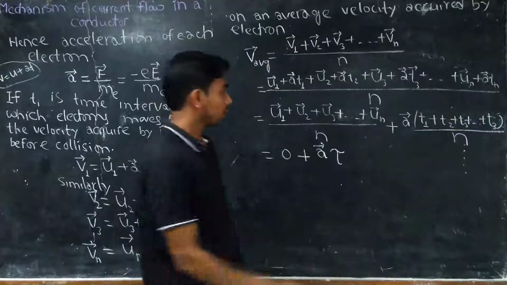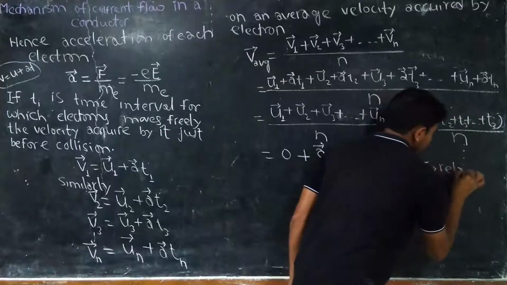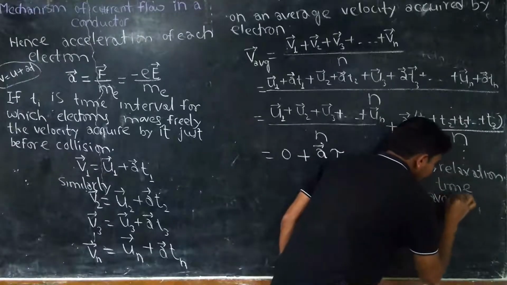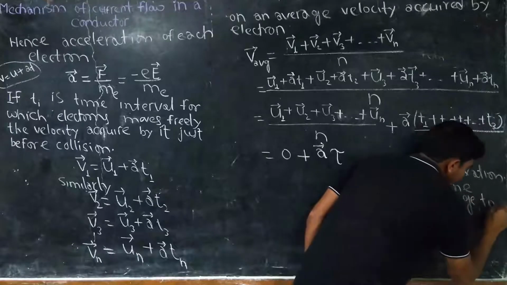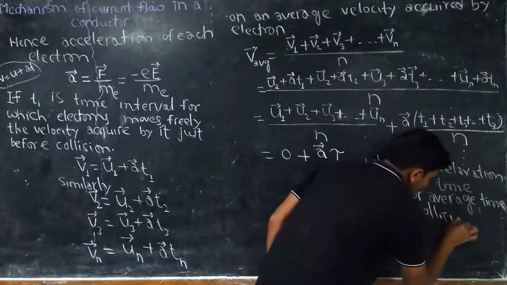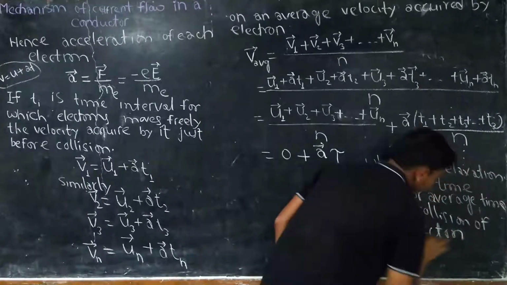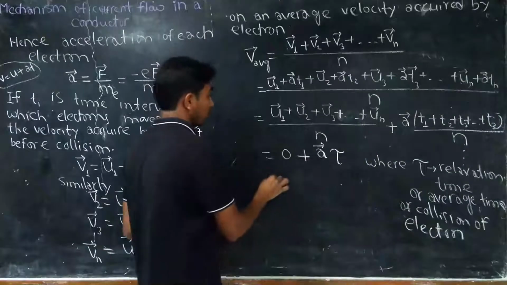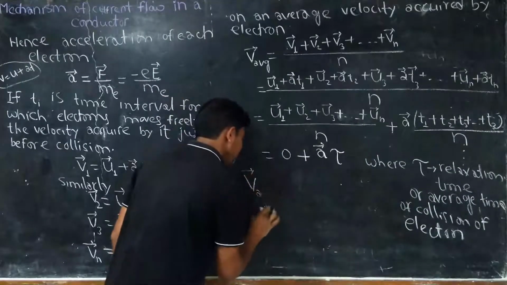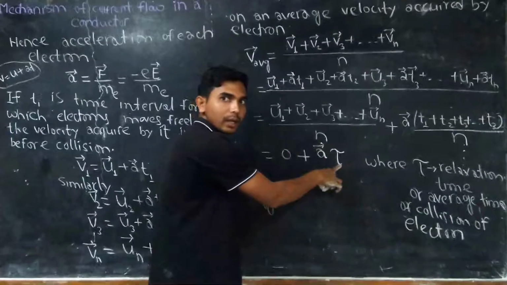So we can write, where tau is the relaxation time, or average time of collision of the electron. And further we can write v average is equal to a tau.